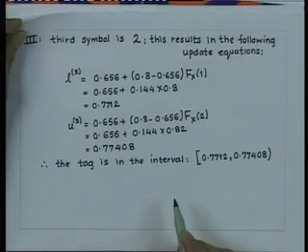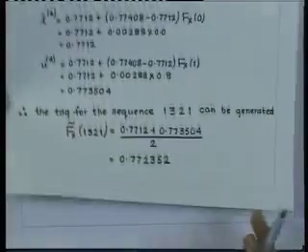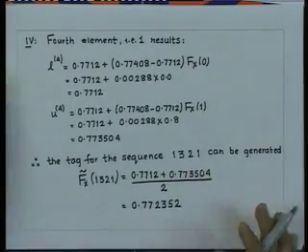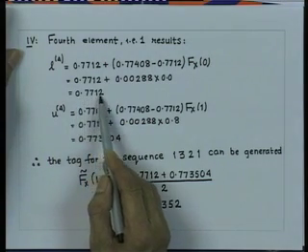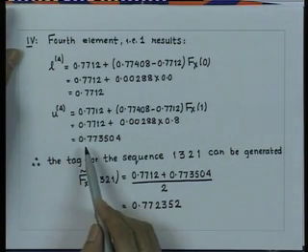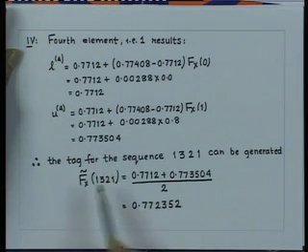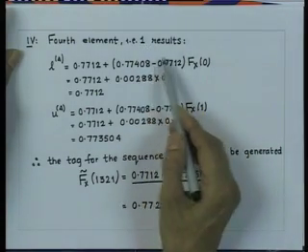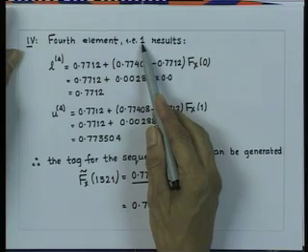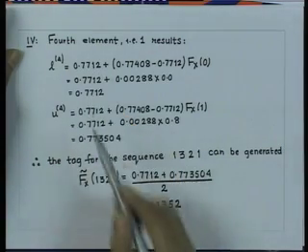And finally we have the fourth element, that is 1, and if we take that into consideration, finally we get the upper limits and the lower limits as shown here. So the lower limit is given by 0.7712 and the upper limit is given by 0.773504. It's important to note again here, this becomes Fx0 because xn is equal to 1, that is x4 is equal to 1. Therefore, you get this limit L4 as the same as L3.